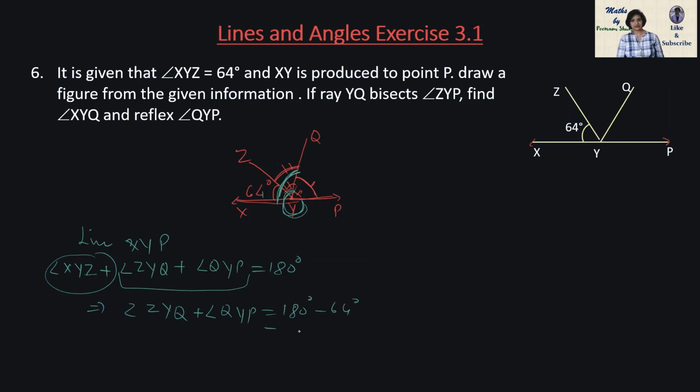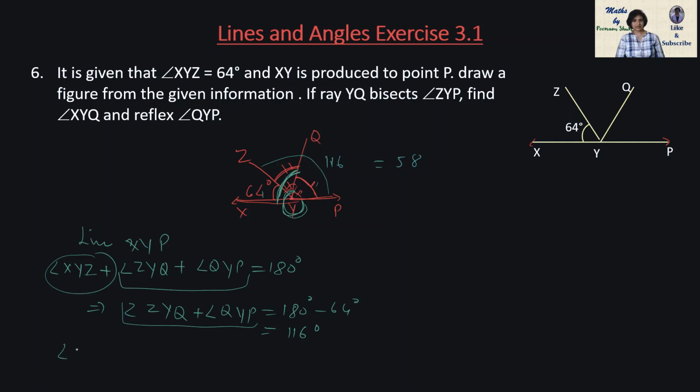Clear? So what will you get here? We will get 116 degrees, right? 116 degrees is the total of these two angles. And because YQ bisects these angles, one angle will be 58 degrees, right?